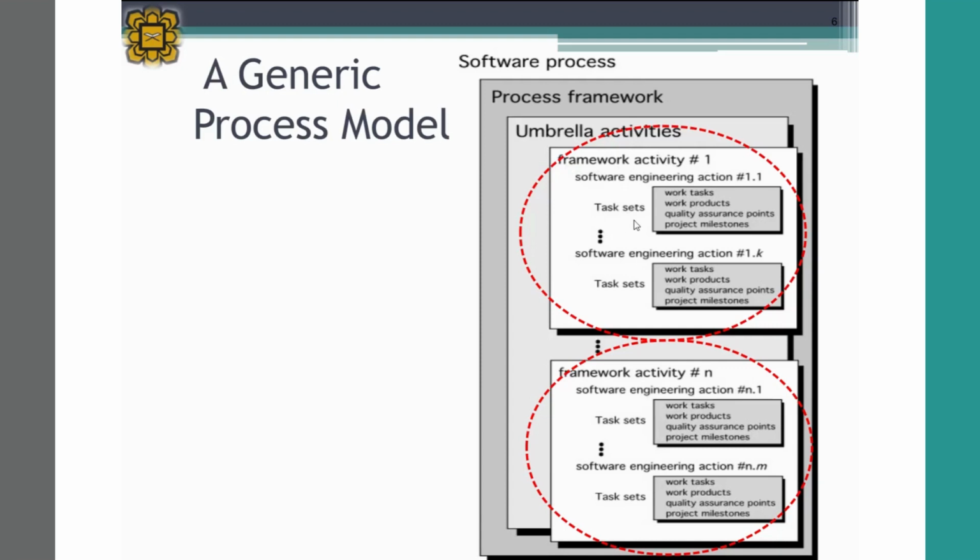Inside it we have the task sets, which include the work task, work product, quality assurance point, and milestone. Any deliverables will be defined here, and we can have a series of software engineering actions. This is for one framework activity. Let's say we are talking about requirements, then we have design and so on. These two framework activities can have an umbrella activity which covers both of them.